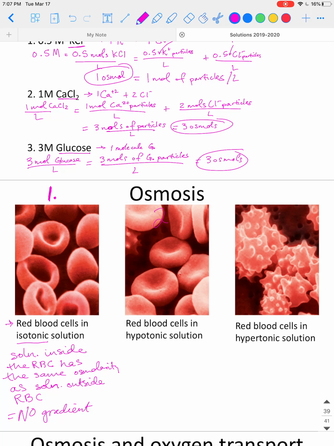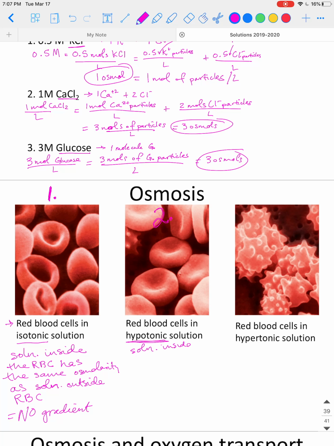If you look at picture number 2, the middle picture, these blood cells look swollen compared to picture number 1, and these are red blood cells in what we call a hypotonic solution.